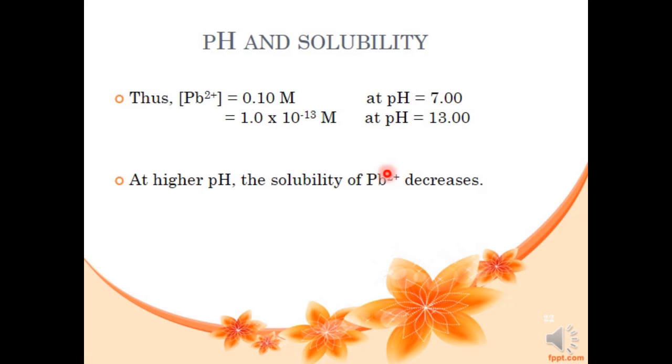But if the pH of the water itself is neutral, then the lead is in dissolved form in water, so it cannot be filtered out, and that will pose a health risk to us when we drink the water.